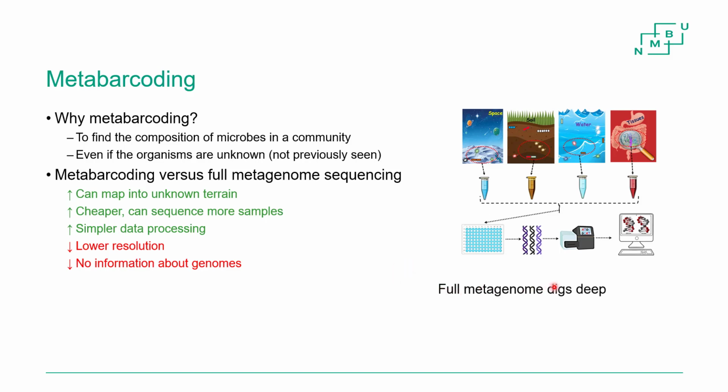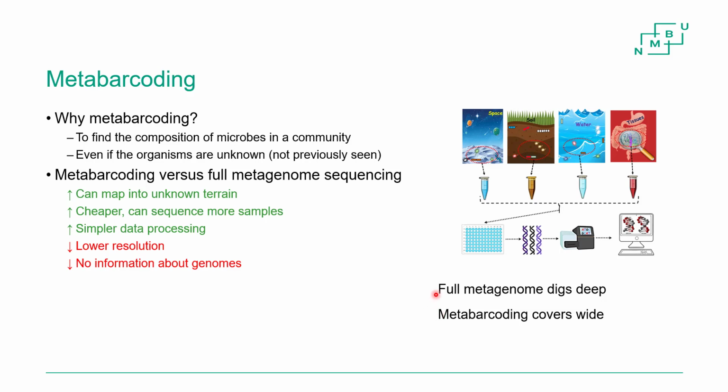With full metagenome sequencing, you dig deep into the samples that you take because you sequence everything, right? But with metabarcoding, you instead cover wide. So you only sequence one single gene typically from these samples, but on the other hand, you sequence many samples. So the focus is quite different here, and what you can achieve is totally different.